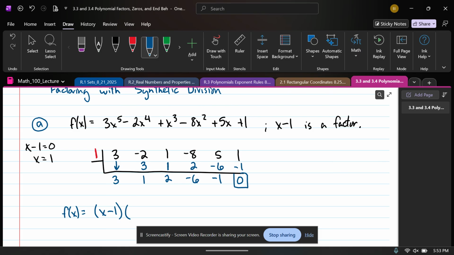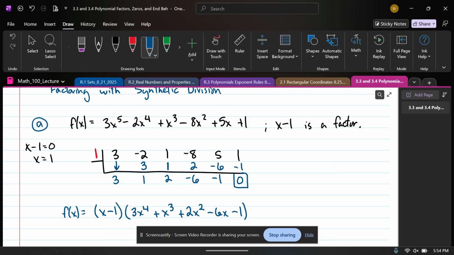Synthetic division always takes our polynomial down 1 degree. So we started with an x to the 5th power, and we're going to go down. This is going to be 3x to the 4th power plus 1x to the 3rd power plus 2x squared minus 6x minus 1.